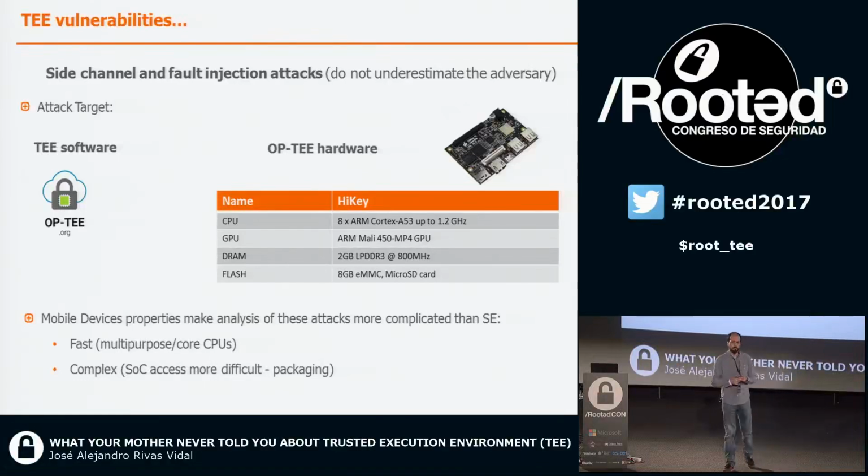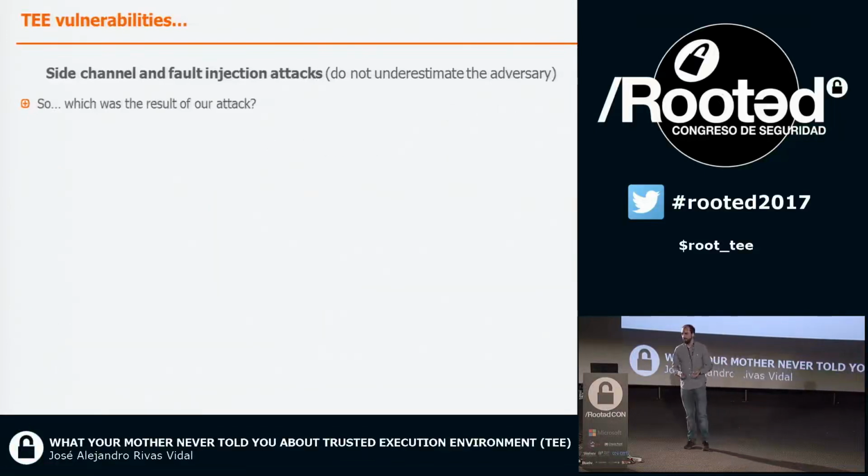And for us, compared to a secure element, this type of processors have features. They are, for instance, multi-core, multi-purpose processors that also make the analysis of this type of attack harder. So we decided to try and see what happens.